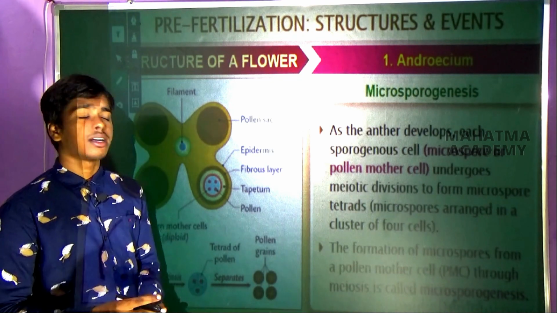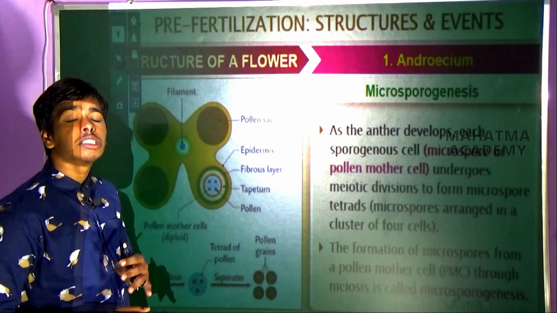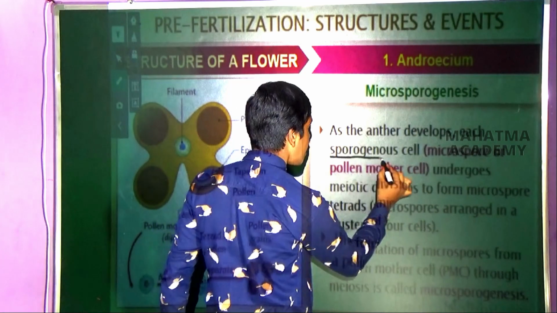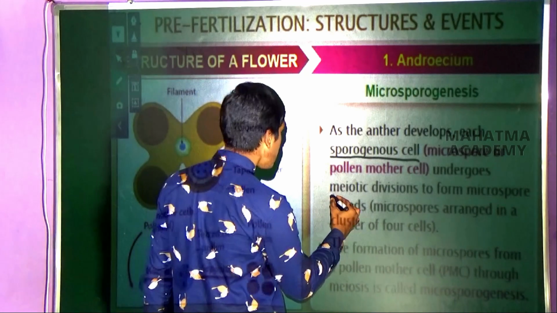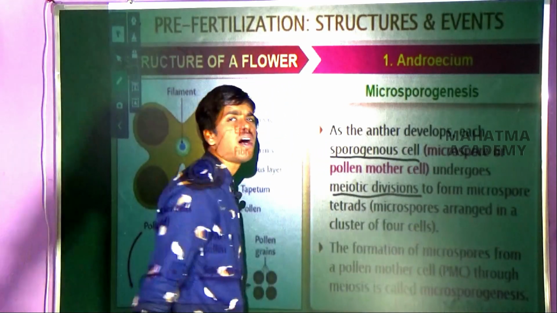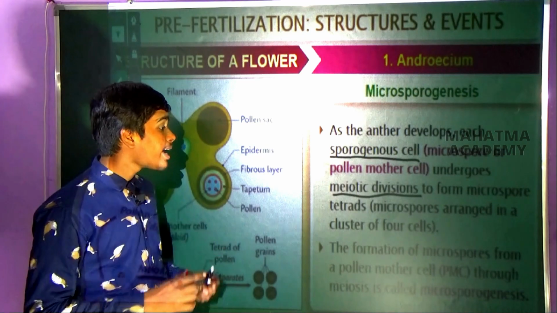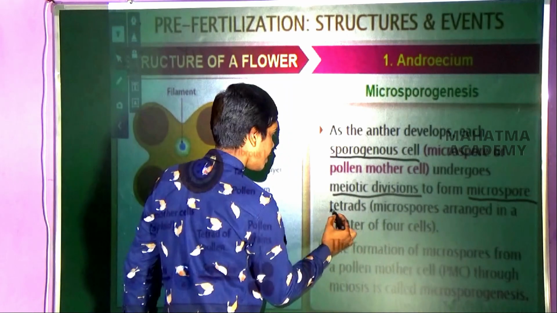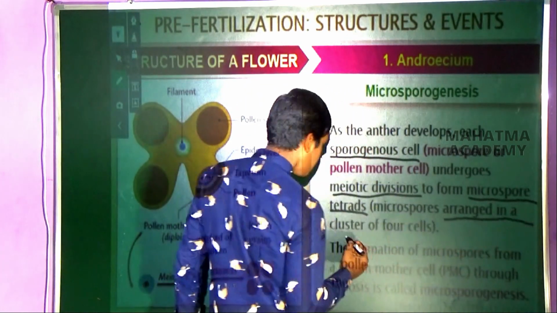That means microspores are arranged in a cluster of 4 cells.